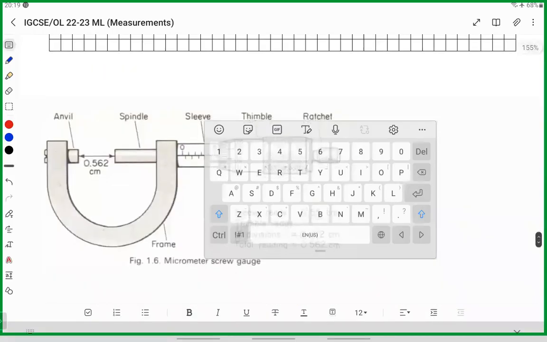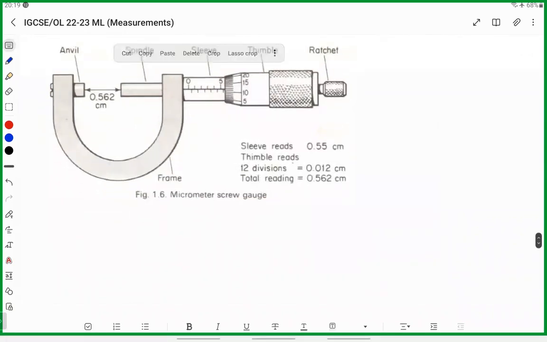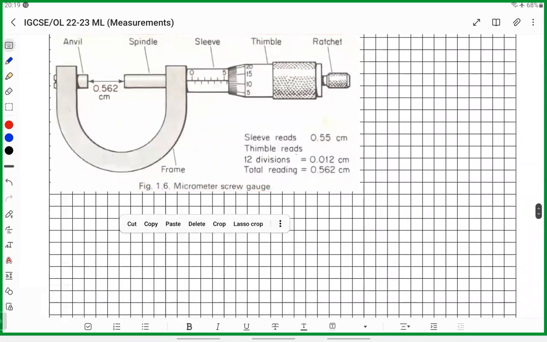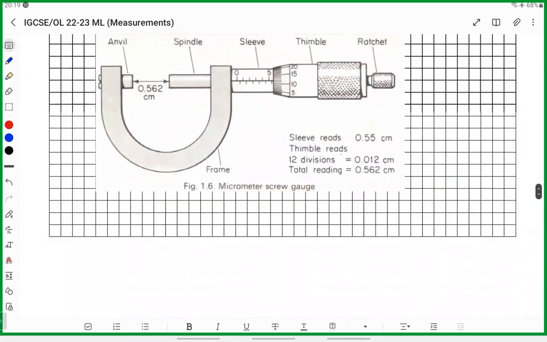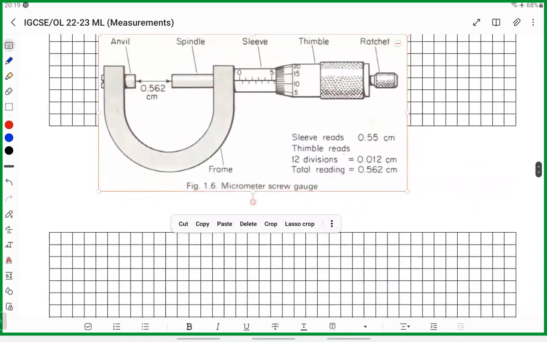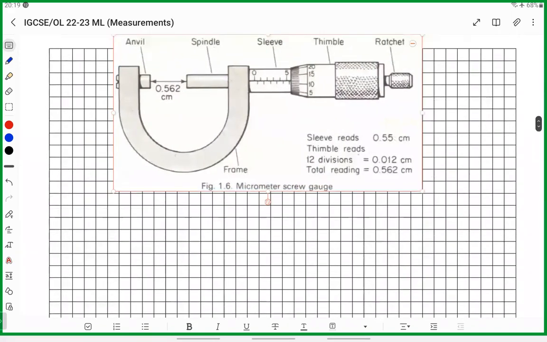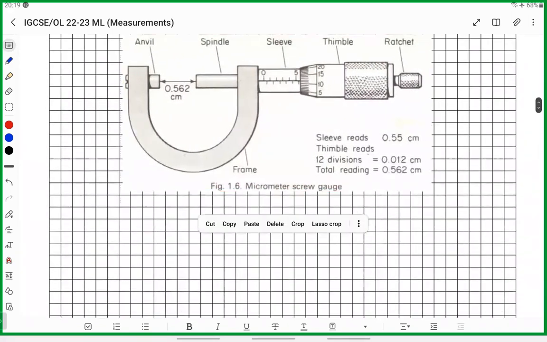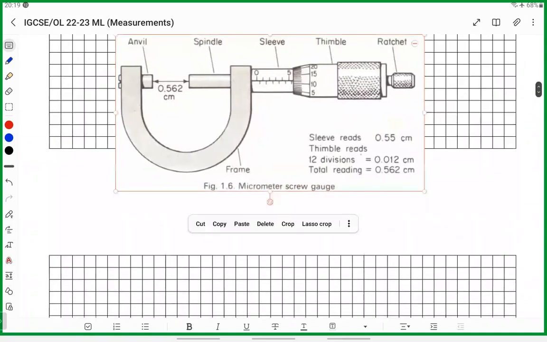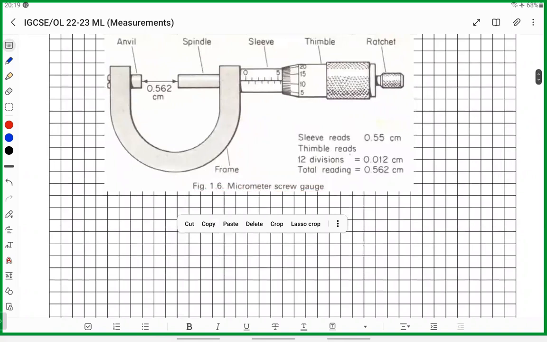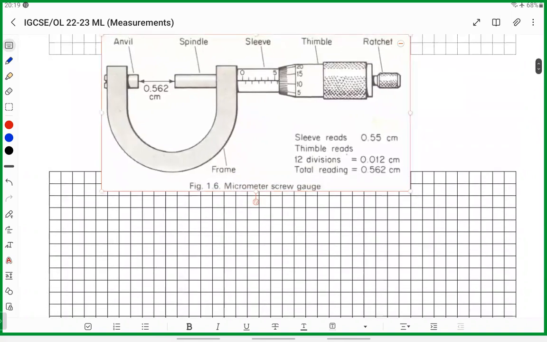Okay, micrometers are used to measure something with very high accuracy. When do we need such an accuracy? If we are finding the diameter of a wire or a human hair, or the thickness of a single sheet of paper. For example, if we have too many papers of the same kind, we can stack them together and use the ruler to find the thickness of paper.